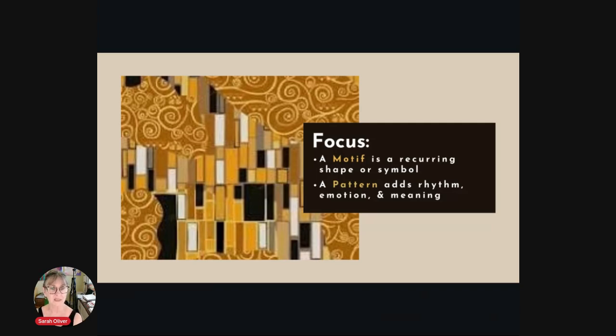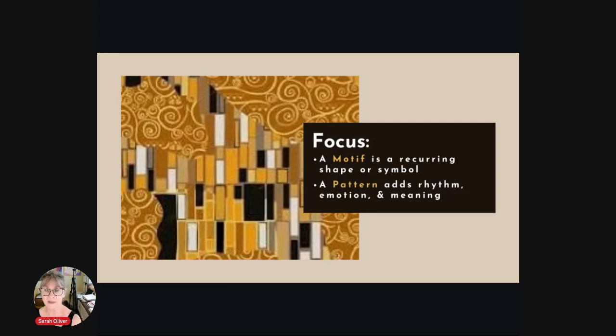In this particular case, there are squares, mostly rectangles, swirls, circles, and then just lines that come together, the patterns that merge. And that's how it works. As these patterns repeat themselves, they become a motif. And then suddenly that's where the rhythm and the emotion come in and give the piece, like I said, whole meaning. It brings things together.